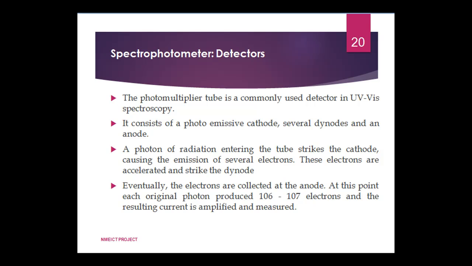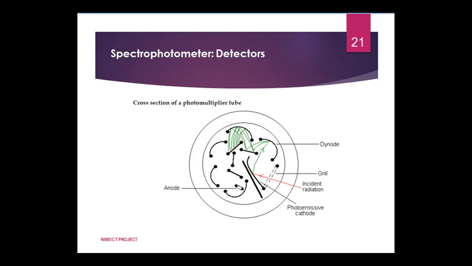These electrons are then accelerated towards the second dynode to produce more electrons, which further hit dynode 3 and so on. Eventually, electrons are collected at the anode. At this point, each original photon has produced 10 to the power 6 to 10 to the power 7 electrons, and the resulting current is amplified and measured.